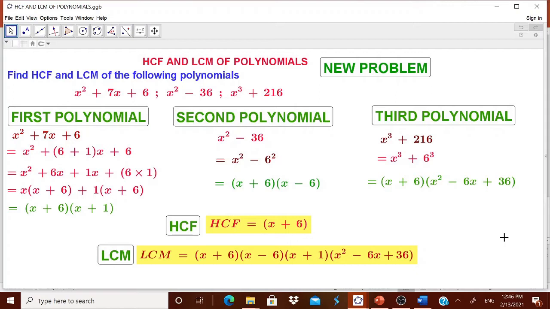And we are designing three polynomials for which the children will be doing the factorization. Then after factorization, they will visualize the LCM and HCF. Let us try to design this dynamic worksheet from scratch.